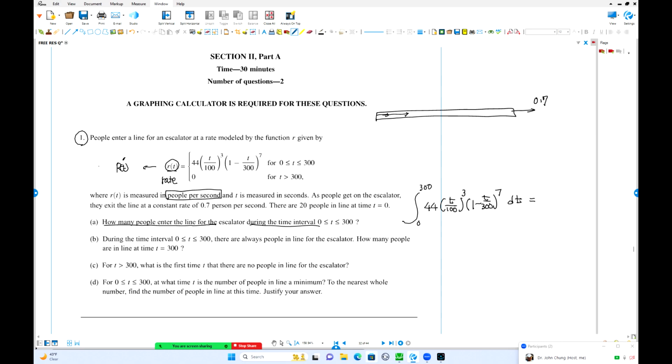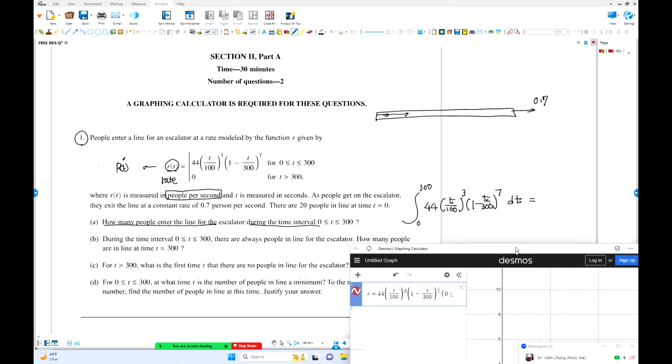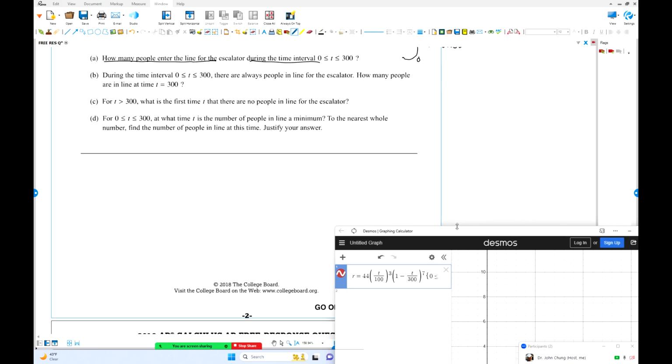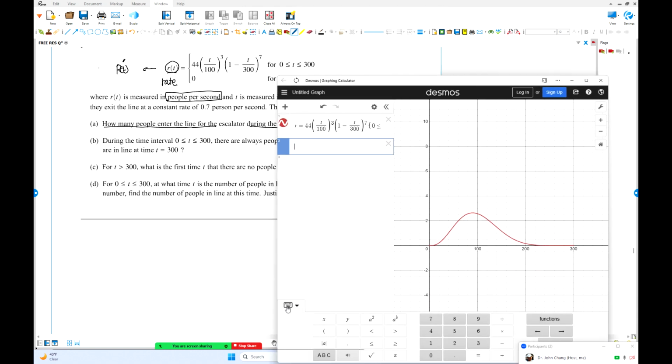So now let's find this one first. I'm going to use decimals. So now I did the integral.